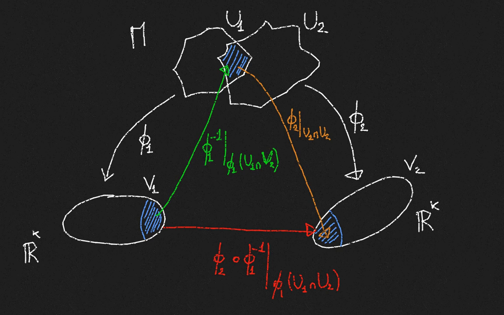So the relation between the points here and the points here, the way they glue, it's smooth. Okay? So if you want to see it another way, we are describing our M as pieces of Rk glued together in a smooth way.